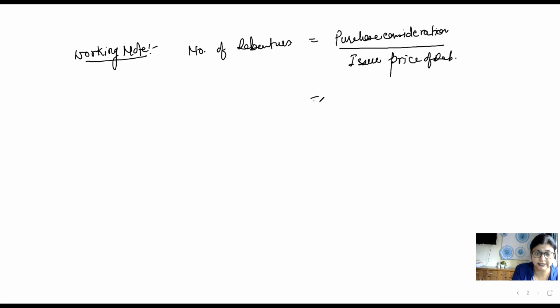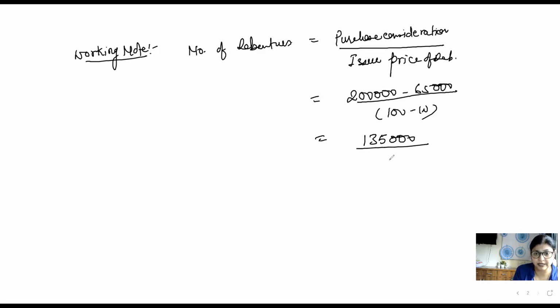Our purchase consideration is 2 lakh minus 65,000, divided by 100 minus 10. So 1,35,000 divided by 90. Here we get our number of debentures, which is 1500 debentures. I hope this is very clear to you all.